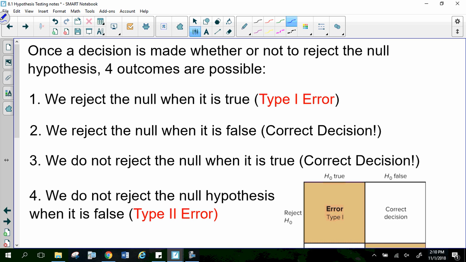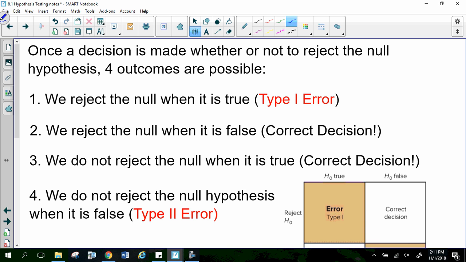So rejecting the null would be that you say they're guilty, but the null is true. So this is true, that they are innocent, but you said they were guilty.